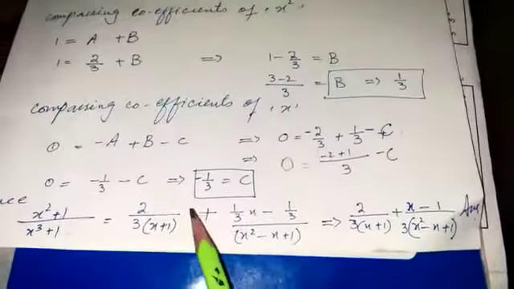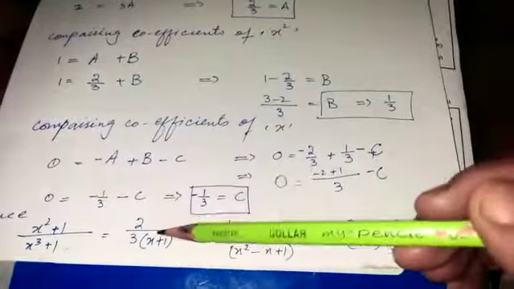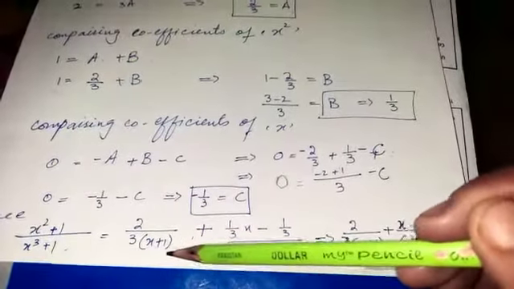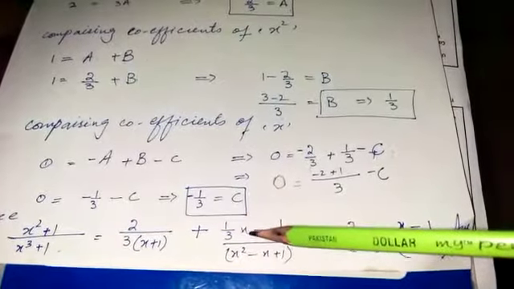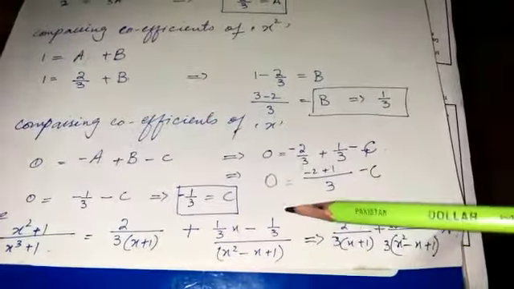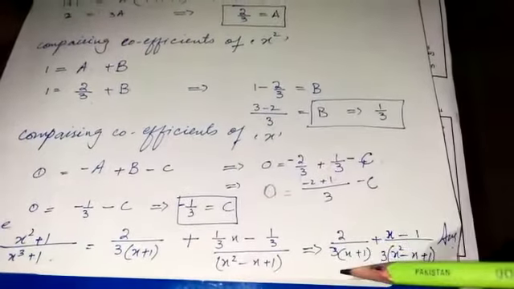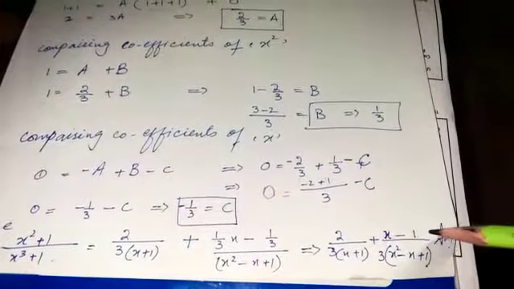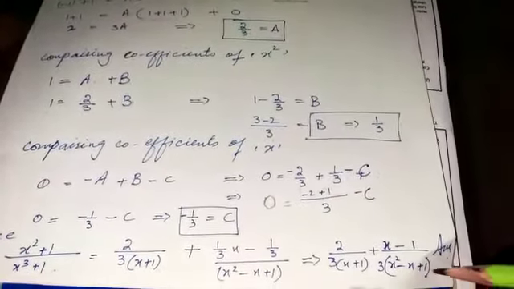Its partial fractions will be 2 by 3, A is 2 by 3, with 2 written in the numerator and 3 as denominator, into (x plus 1), plus 1 by 3 is the value of B, multiplied by x plus C over (x square minus x plus 1). So 1 by 3 will be taken common and we get 2 by 3 into (x plus 1), plus (x plus C) over 3 into (x square minus x plus 1).